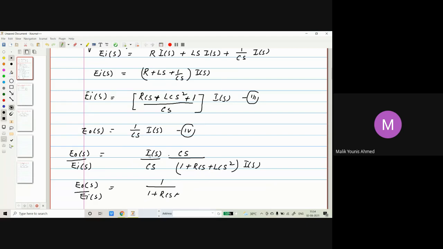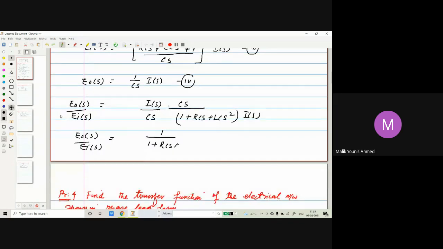Okay, this is RCs square. Yeah, I think this is correct, there's no problem at all. RCs plus LCs square, yes, that's correct. So plus LCs square.